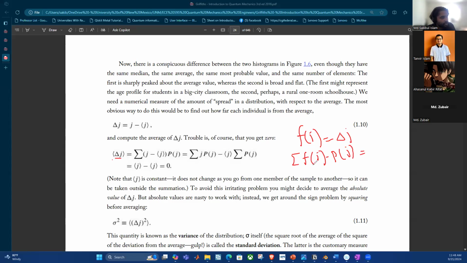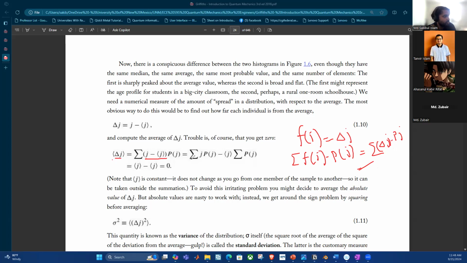So in our case, the function of j equal to delta j, that is the summation of delta j multiplied by p of j. Once you have delta j, I'm just plugging equation 1.1 in here, that means this one, p of j.